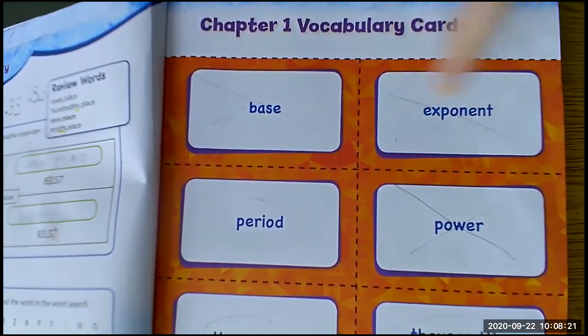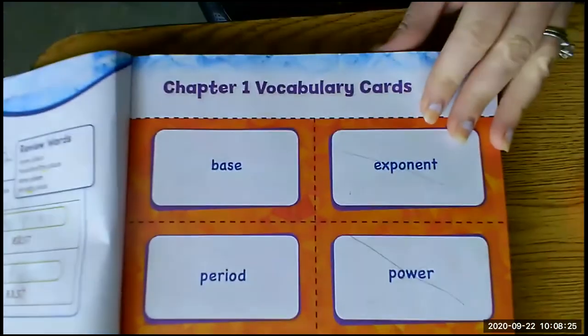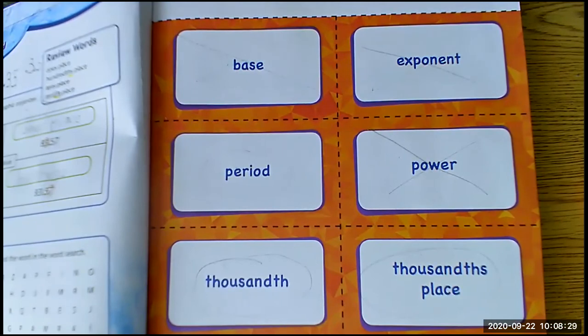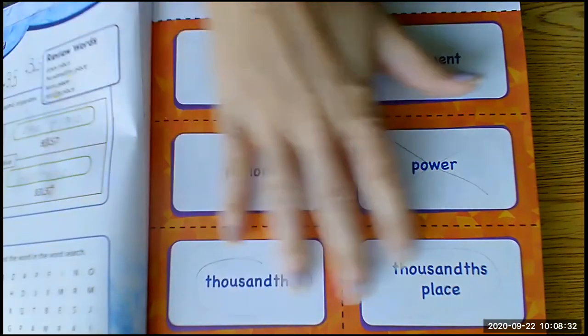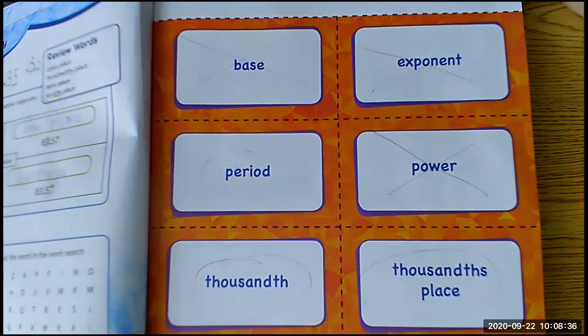The base, the exponent, and the power, we're not going to talk about those right now or in the close future. We will talk about them eventually, and you might hear Mr. Wolfram talking about them a little bit, but that's not something that we are going to focus on in this class right now.